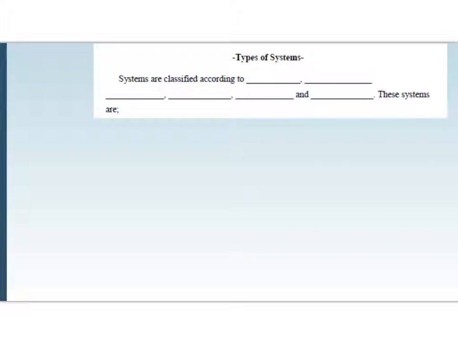So here is the classification of the systems. We classify systems according to their substance and energy exchange, temperature, pressure, and according to volume.